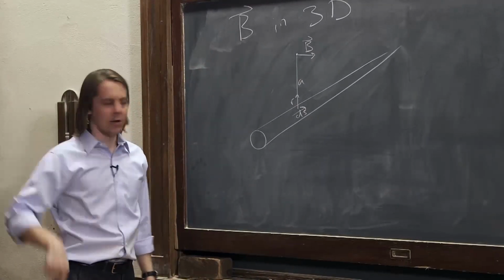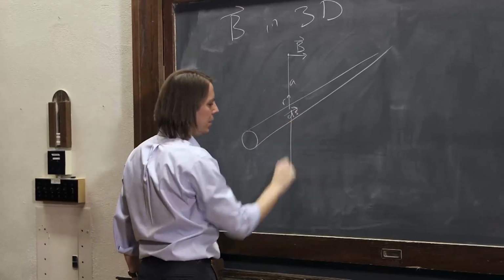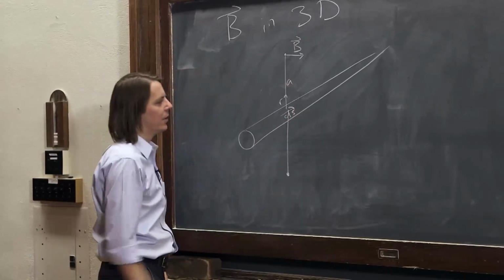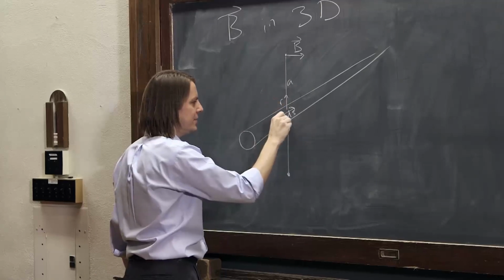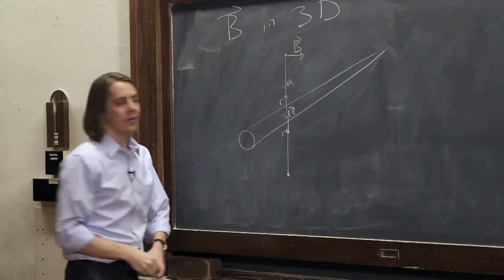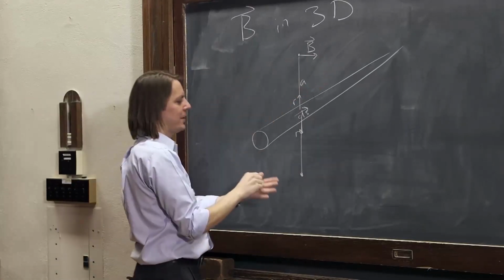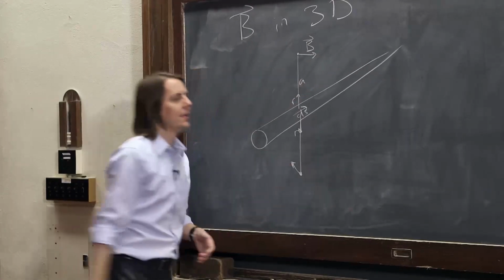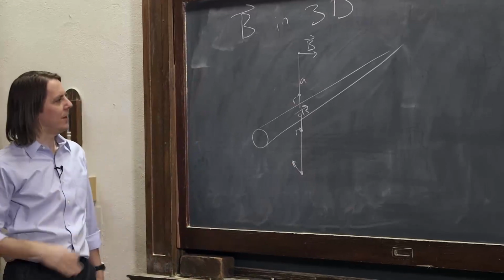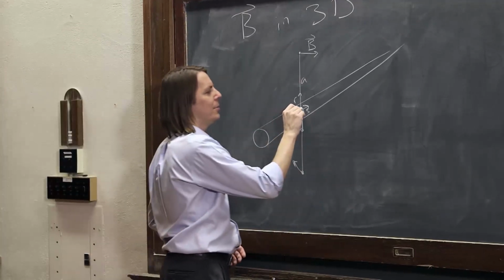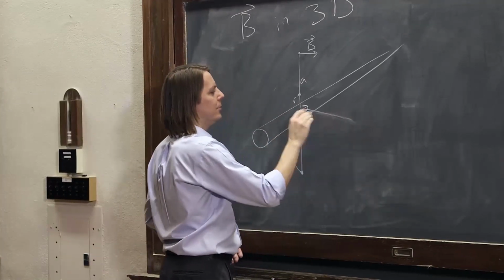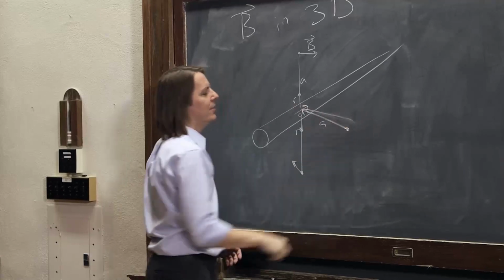What if we were to go down at the other side? Down here, we could go a distance a down there. Now r has changed its direction. r is now that way. ds cross r is into the board, or in this perspective, I'll draw it kind of like that. All right, so we have it coming out this way and going in that way. What if we came out to the side, like this? Let me draw it kind of like a distance a like that.